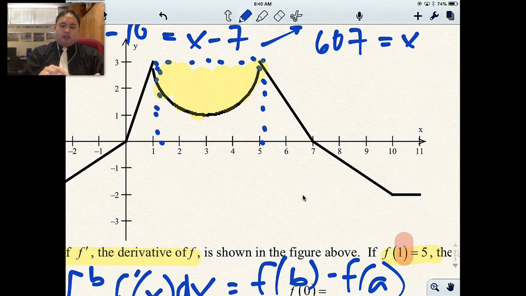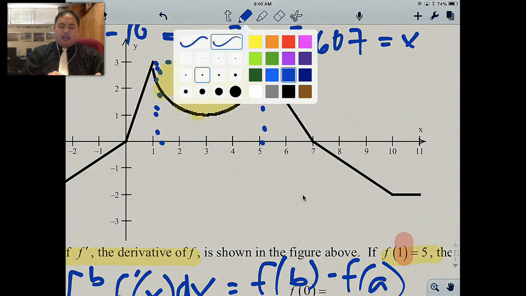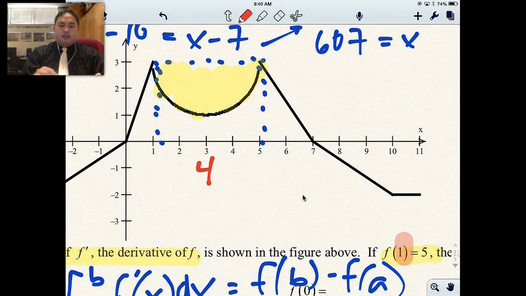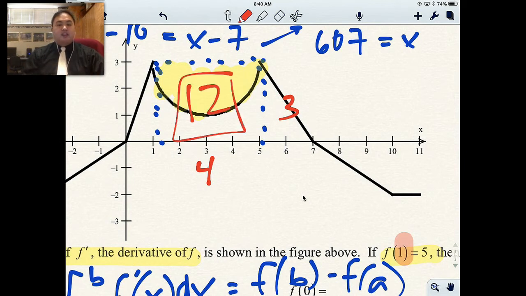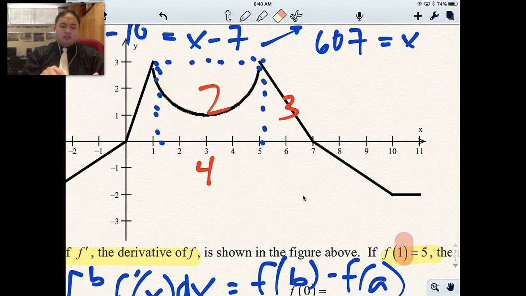This rectangle, you may notice, has a length of 4 and a width of 3. So the area of the rectangle is, I'll put a big 12. So the area of the rectangle is 12. The area of the circle, you know that's a half circle.